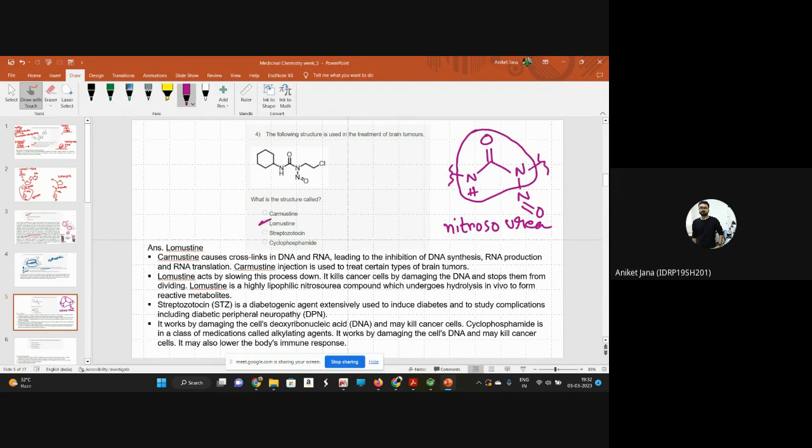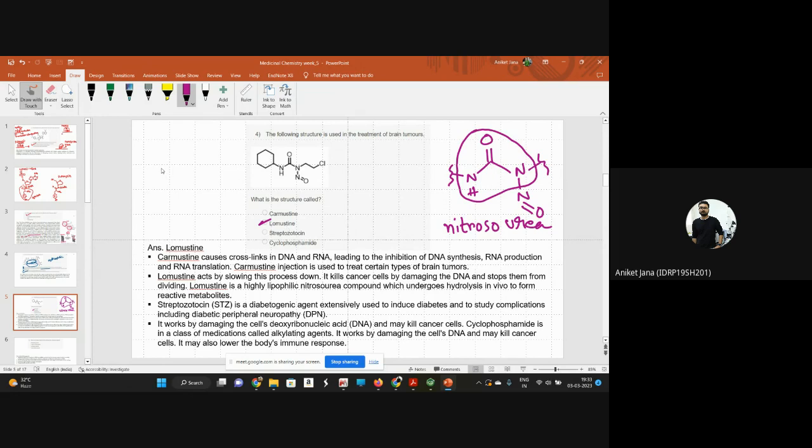Now let's see the action of the other drugs. See, carmustine causes cross-links in DNA and RNA, leading to the inhibition of DNA synthesis, RNA production, and RNA translation. Carmustine injection is used to treat certain types of brain tumor. So what is the structure of carmustine?